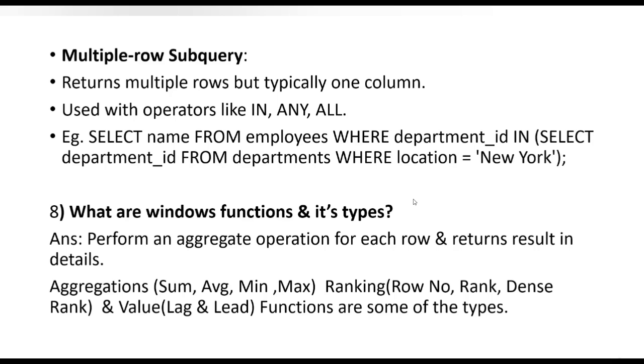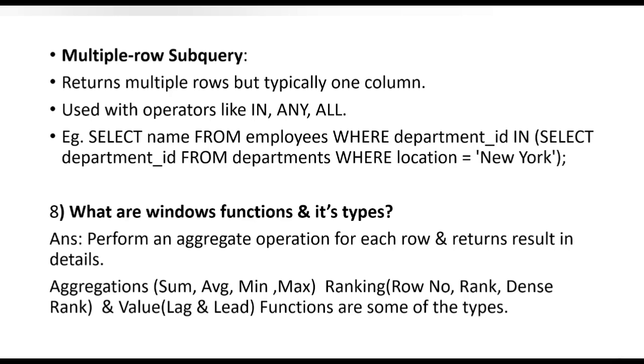So these are multiple row subqueries. The motto while using a subquery is that if complex-level requirements are there, in that case we use a subquery. Tell that, and tell these two types.